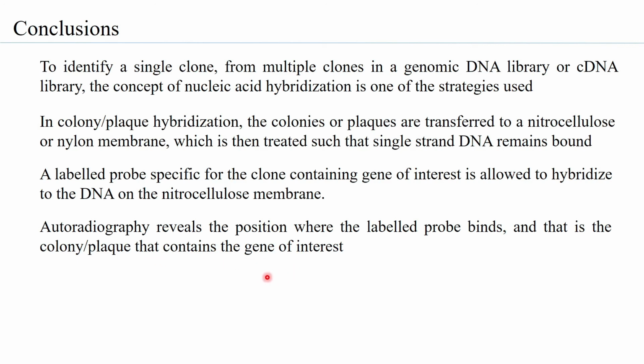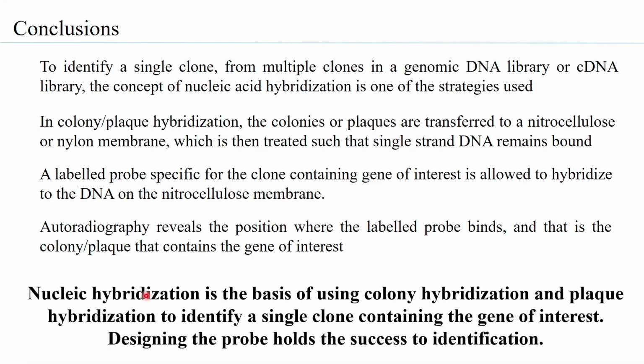Wherever there is a glow, wherever there is a spot formed in the X-ray, that is the colony or plaque that contains the gene of interest. So nucleic acid hybridization is the basis of using colony hybridization and plaque hybridization to identify a single clone containing the gene of interest. Designing the probe holds the success to identification.